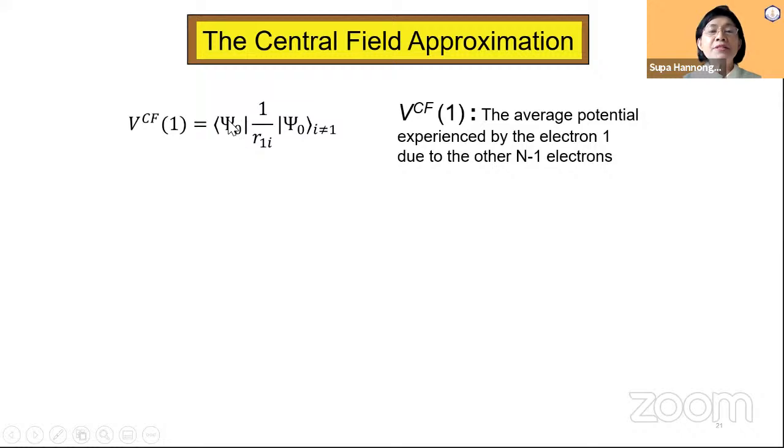Yeah, and this is the integral term for electron-electron interaction. Yeah, one electron interacts with another electron, right? But the other electron means that it is the average interaction with the N-1 rest of the electron system.